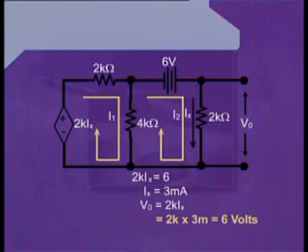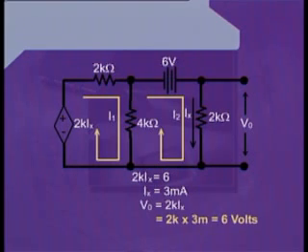Therefore, putting the value of Ix into this equation, we can write V0 is equal to 2k into 3 milli. Now, the kilo factor will cancel out with the milli factor and we are left with V0 equal to 6 volts. If we further want to calculate the value of the current dependent voltage source, we can also easily calculate that, and that will also be equal to 6 volts.